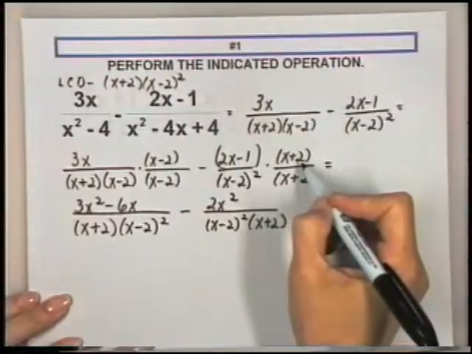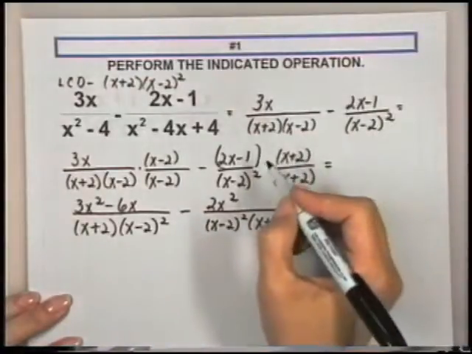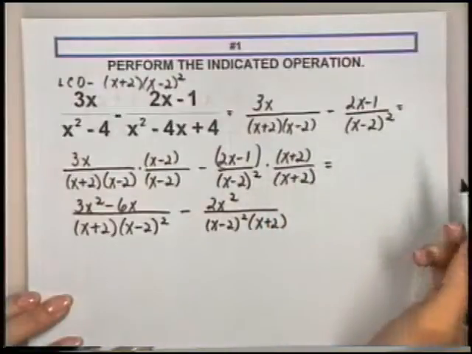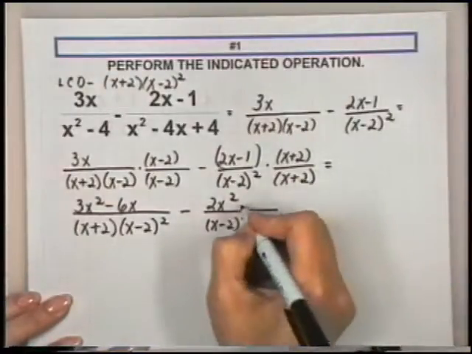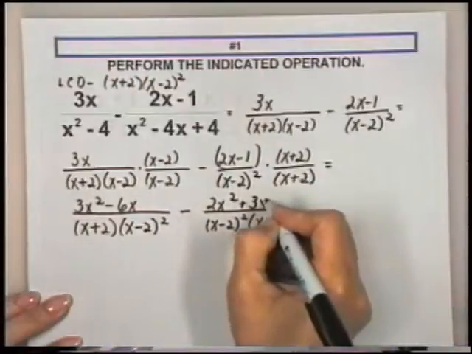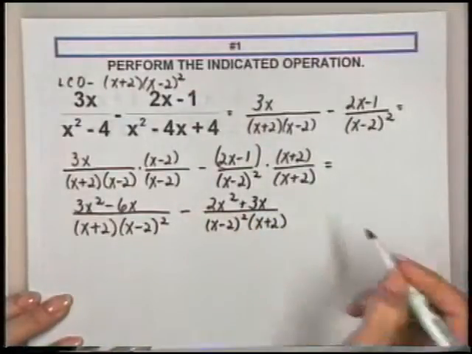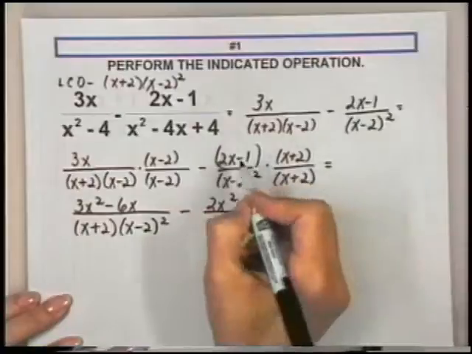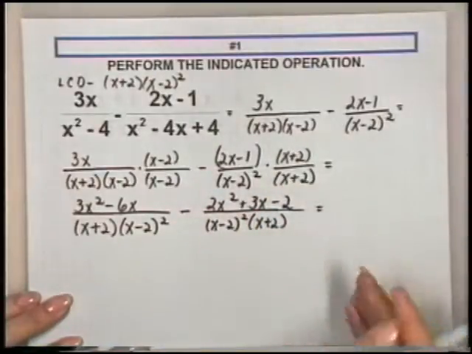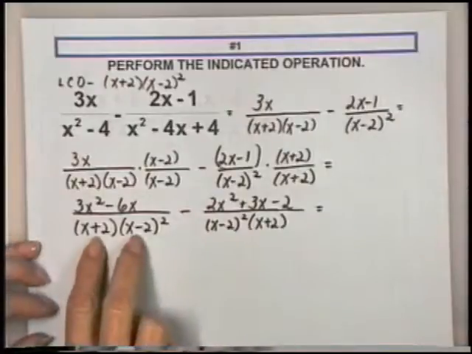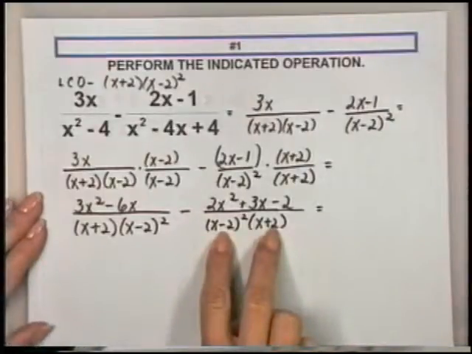For an outer term, 2x times 2 will give me 4x. For an inner term, minus 1 times x will give me minus x. 4x minus x will give me a plus 3x for a middle term. For my last term, negative 1 times 2 will give me negative 2.